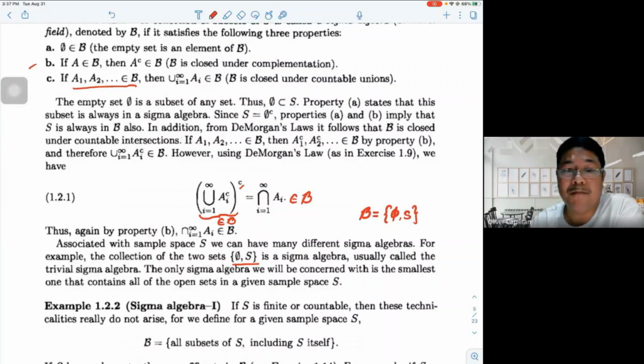In other words, script B is also closed under finite unions, where we have only a finite number of events.